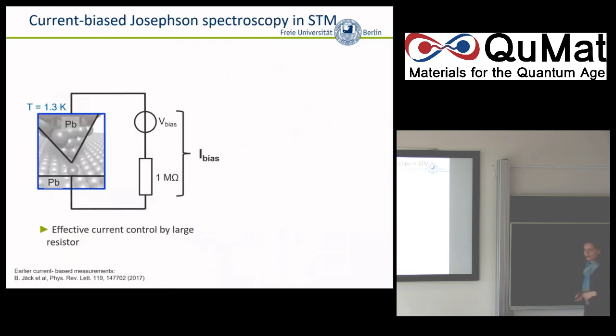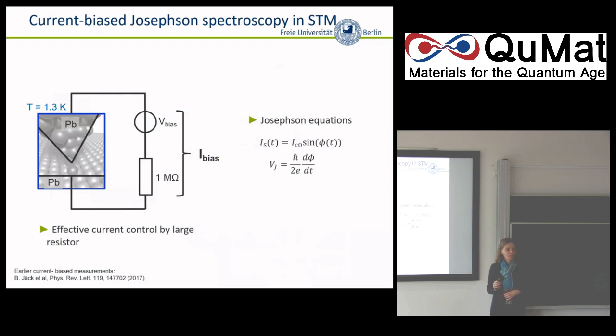However, the usual case that we measure is actually not good for doing Josephson experiments in a way, because if you look into the Josephson equations, you want to measure a supercurrent. What we measure is a current as a function of voltage. Well, if you look into these equations, you see that if you apply a voltage, you have a phase change between your superconducting condensates.